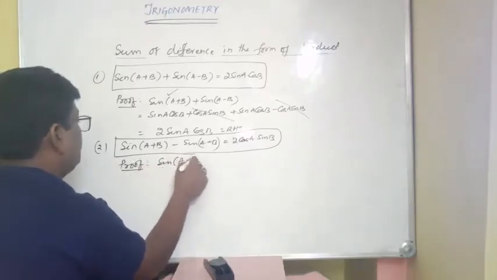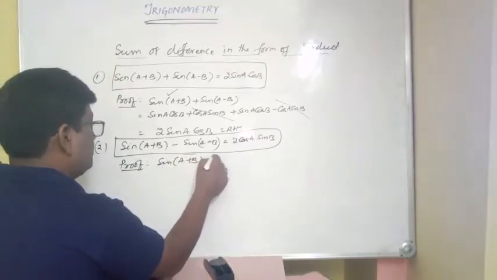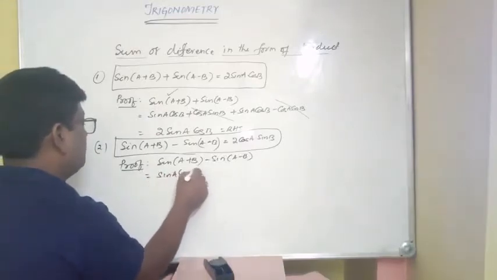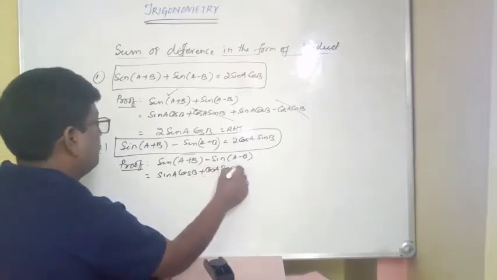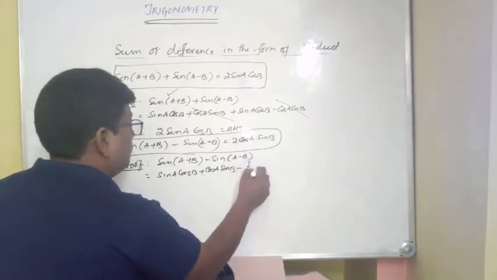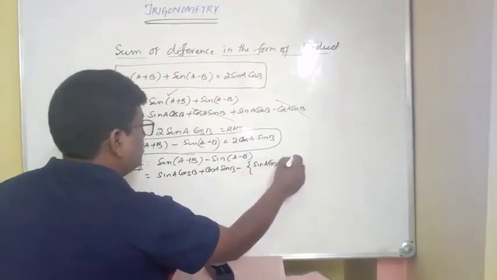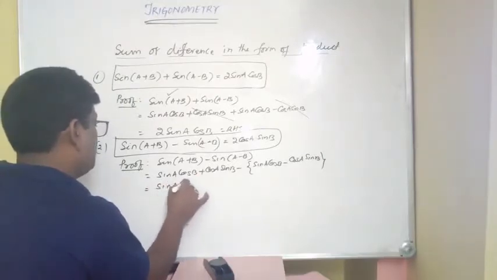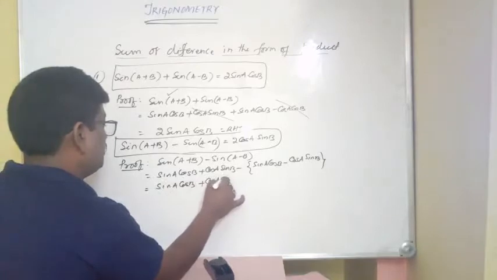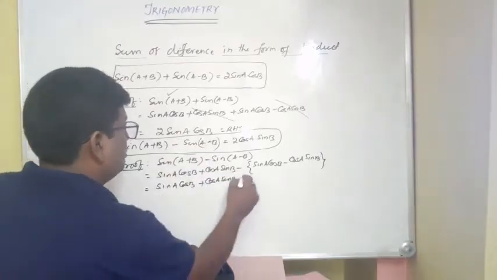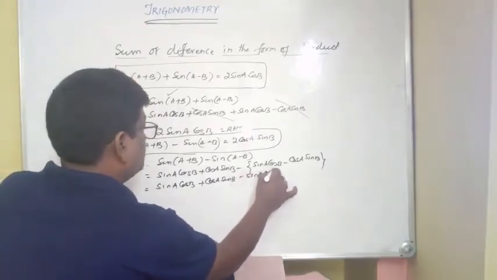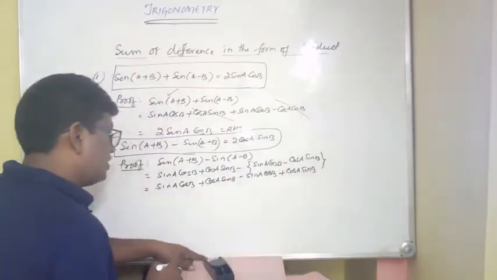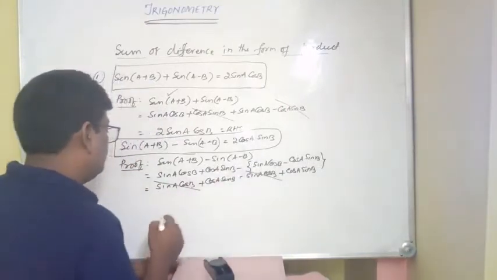Sin(A+B) minus sin(A-B). Using the same formula, sin A into cos B plus cos A into sin B, minus sin A into cos B minus cos A into sin B. So sin A into cos B plus here and minus here, so it cancels.